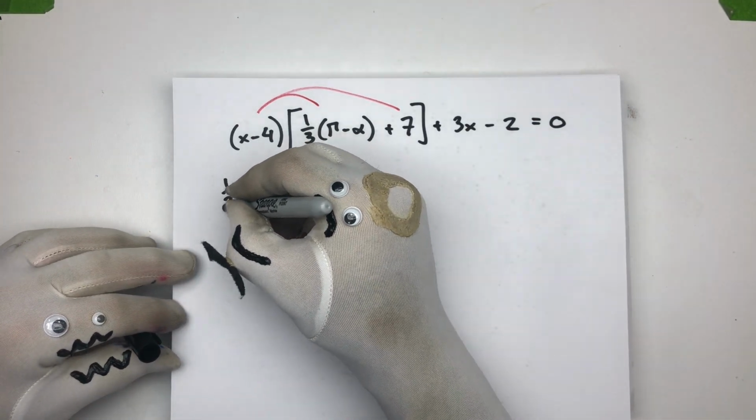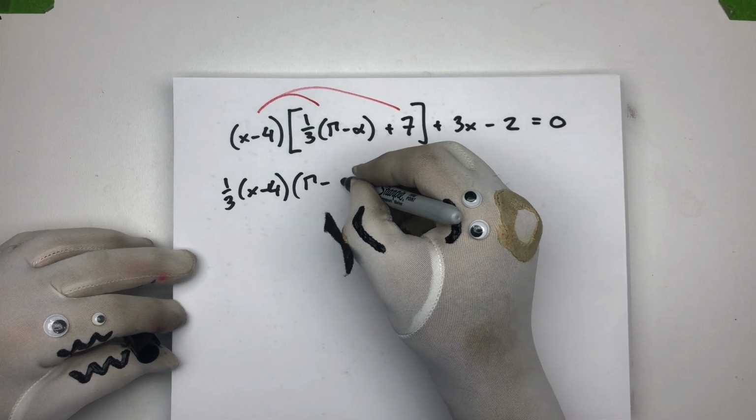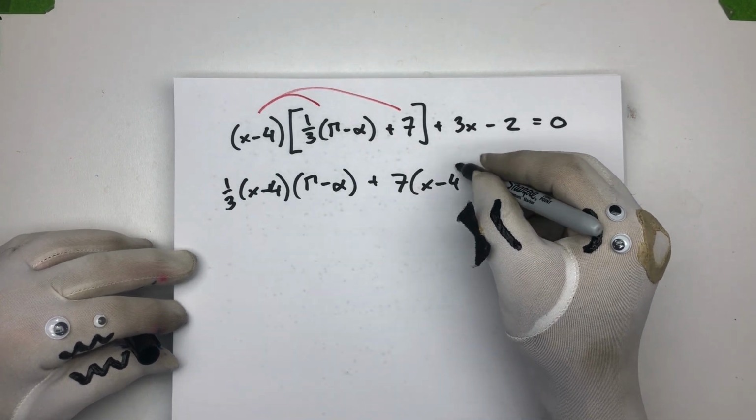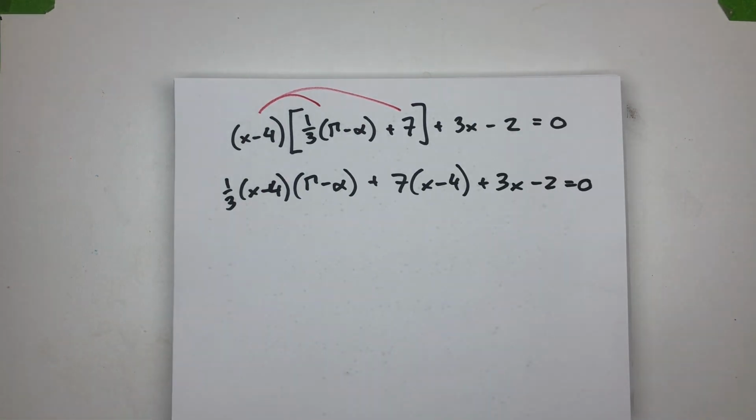So it's gonna be left with 1/3 (x minus 4), bracket closed, (gamma minus alpha) plus 7(x minus 4) plus 3x minus 2 equals 0.